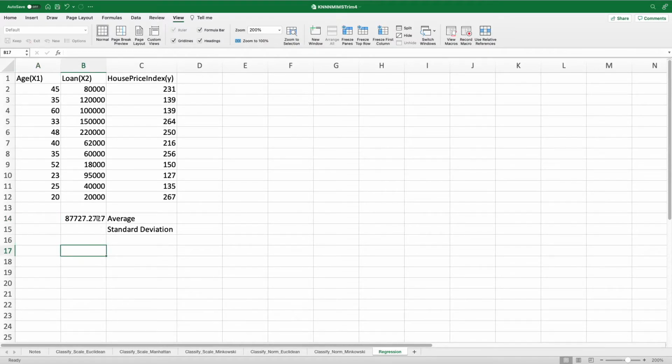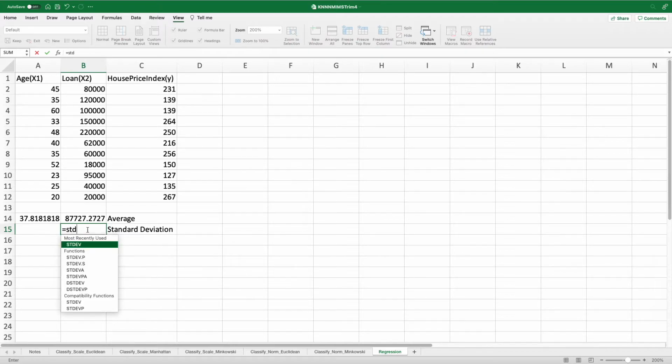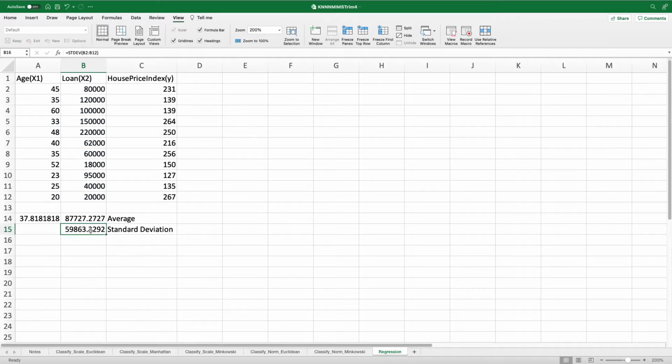Why calculate again? You can drag it to the left. Similarly, is equal to STDEV, you can take the values and you can drag it to the right. Average of age and standard deviation of age, average of loan and standard deviation of loan.